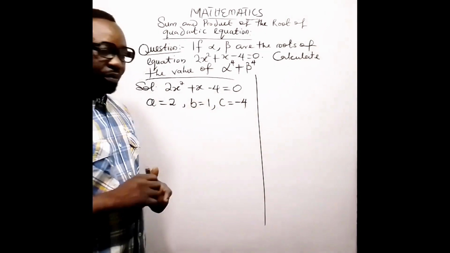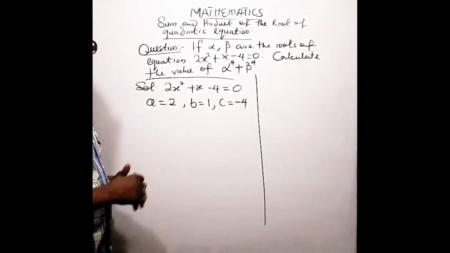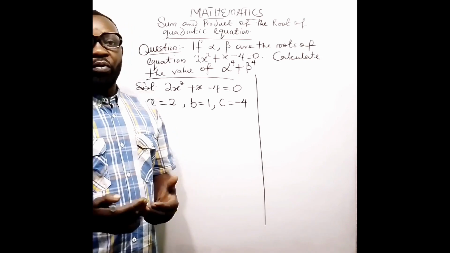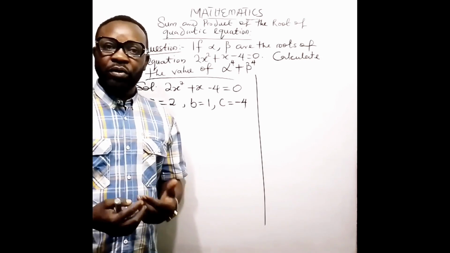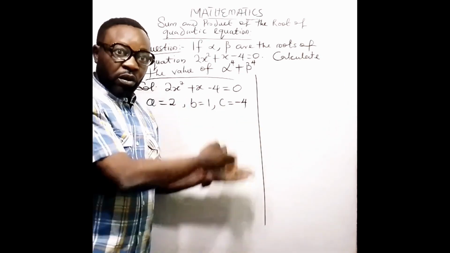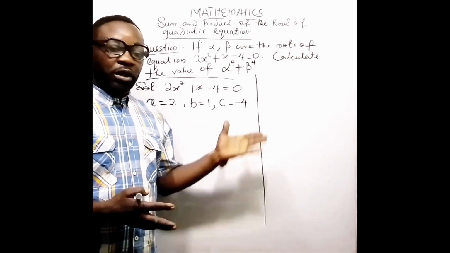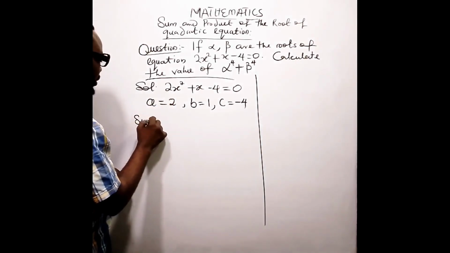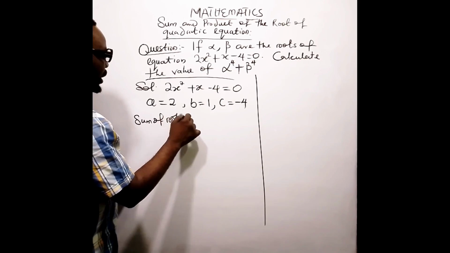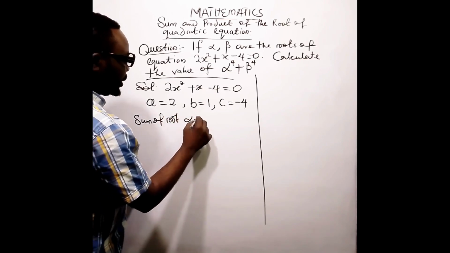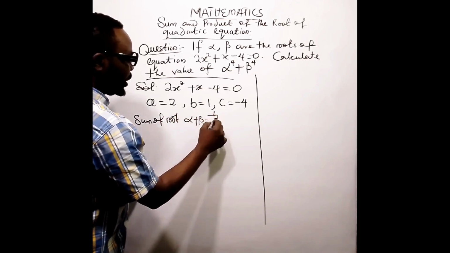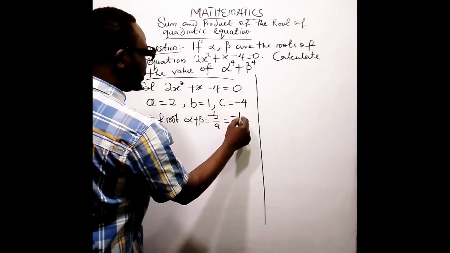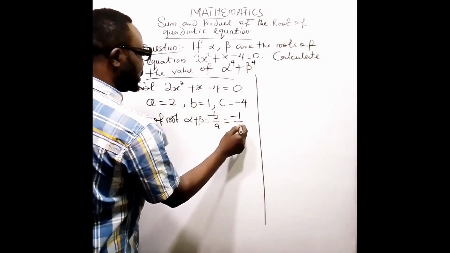Now, having got this, I also need to find the sum of the roots and product of the roots, because it is going to be applied in our subsequent solution to the question. We have the sum of roots, which is alpha plus beta, equal to minus b over a. What is the value of our b? Minus 1, and our a is 2.